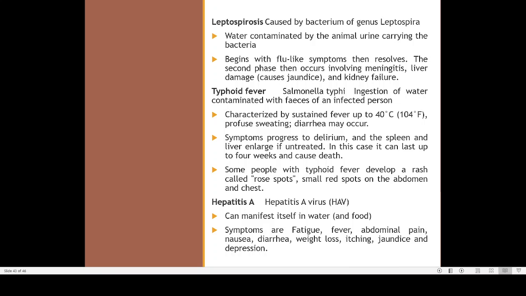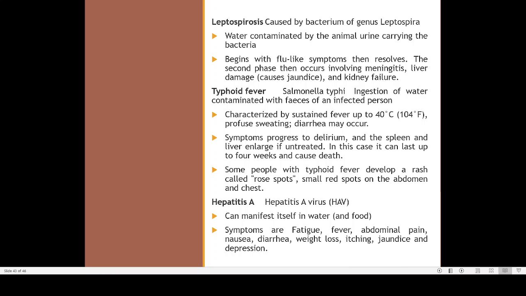I am showing a better picture of that. Here you can see how leptospirosis is transmitted.